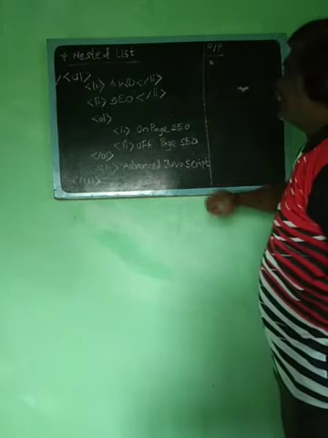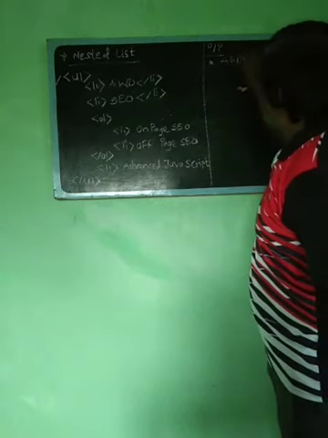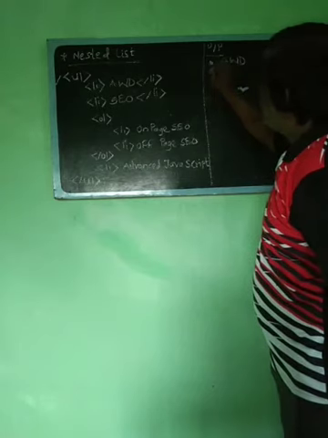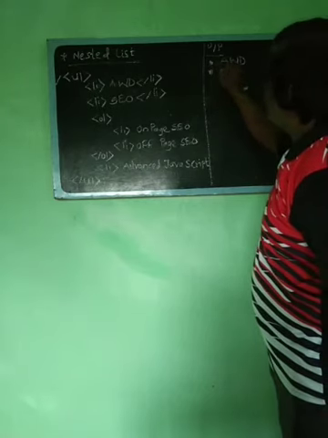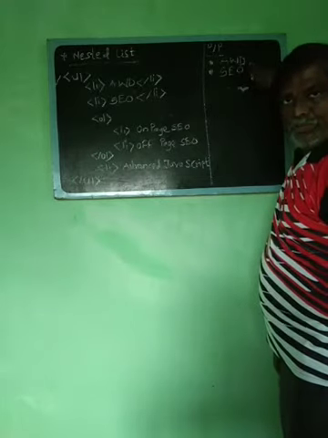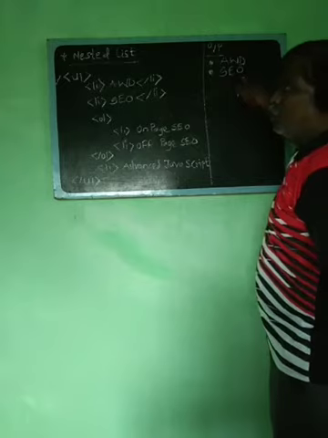First list item AWD, second bullet solid circle SEO. Now this will give us AWD, this will give us SEO.